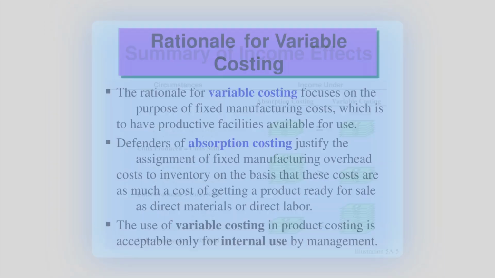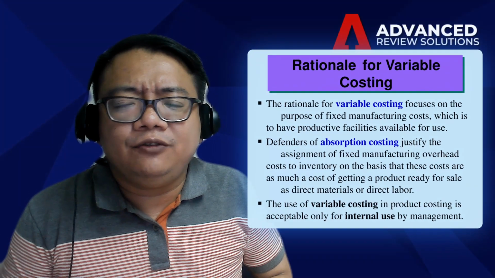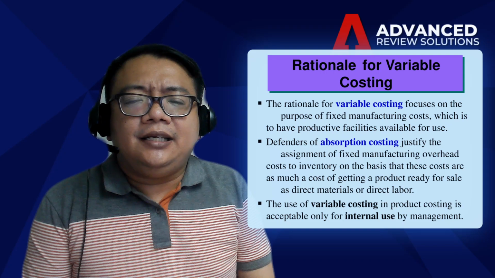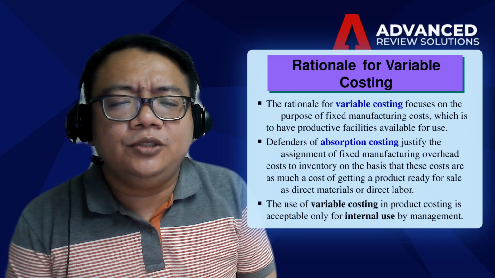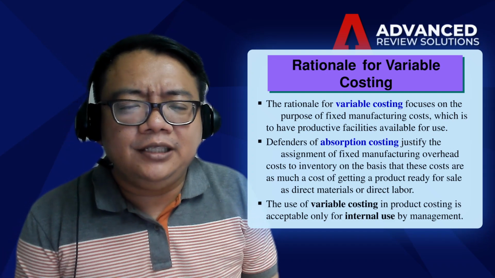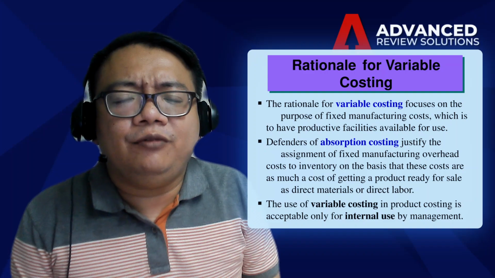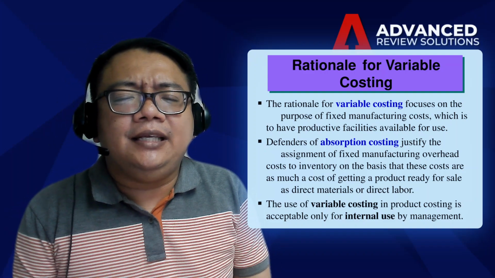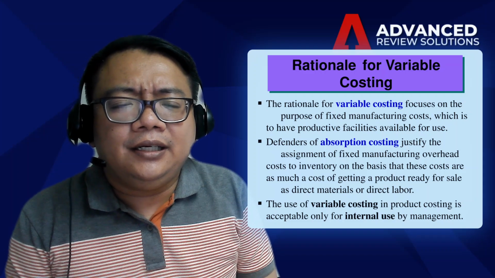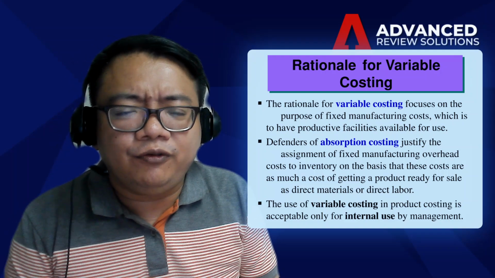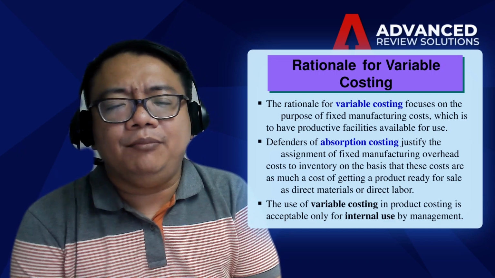Okay. Last slide. What would be the rationale of variable costing? The rationale is that variable costing focuses on the purpose of fixed manufacturing cost, which is to have productive facilities available. And absorption costing justifies the assignment of fixed manufacturing overhead to inventory, on the basis that these costs are as much a cost of getting a product ready for sale as direct materials and direct labor.